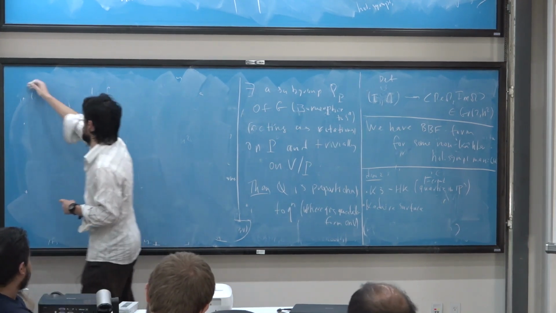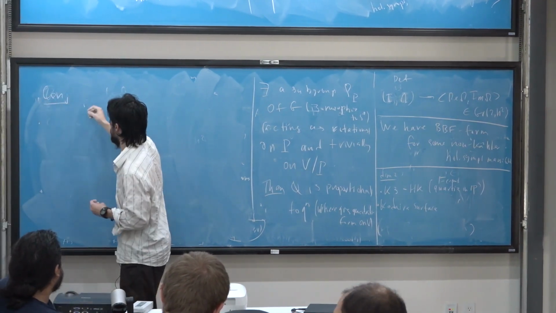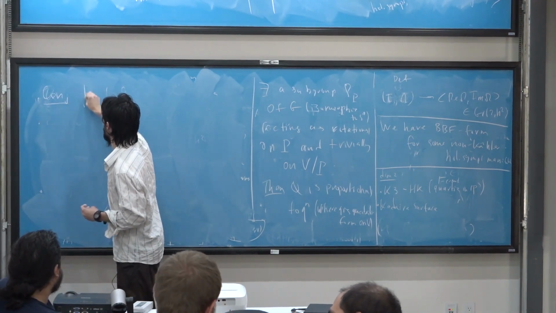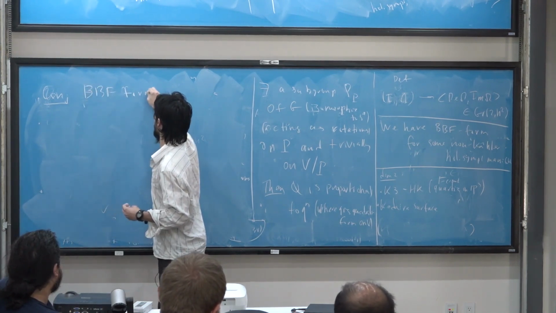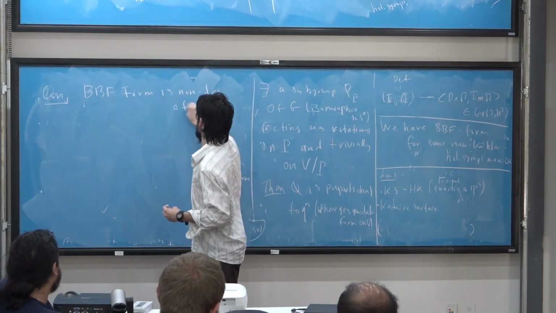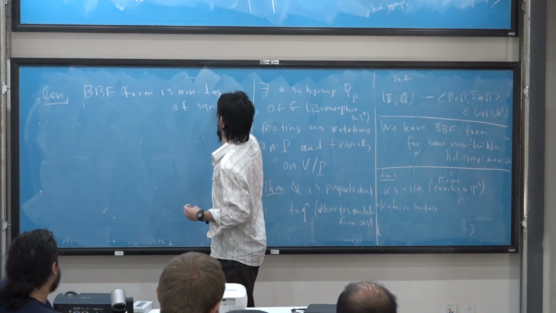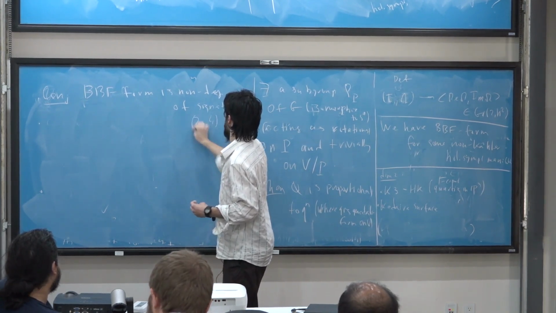Actually, even two conjectures. The Beauville-Bogomolov-Fujiki form is non-degenerate of signature (2, 4).